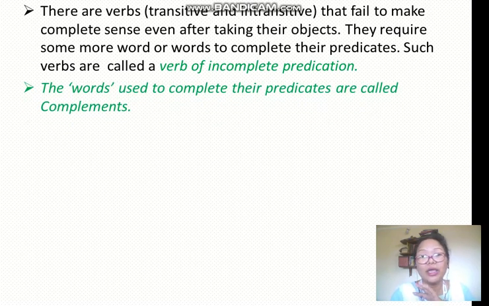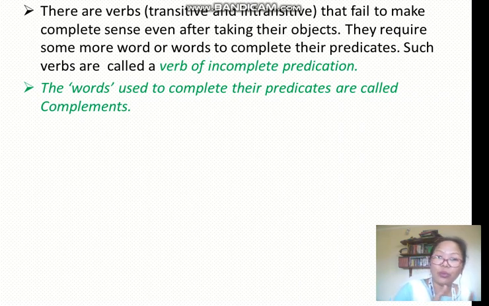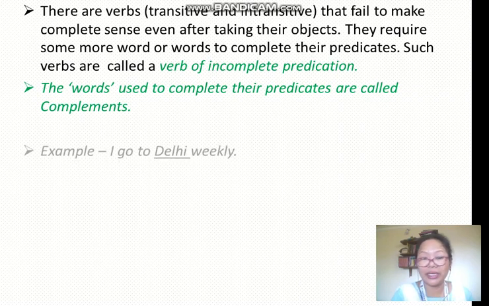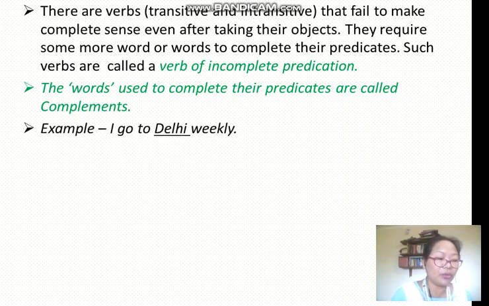And the words which are used to complete their predication are called complement. Please remember what is a complement. These are the words used by verbs of incomplete predication to complete their predicates.